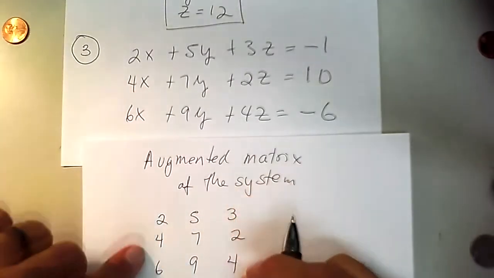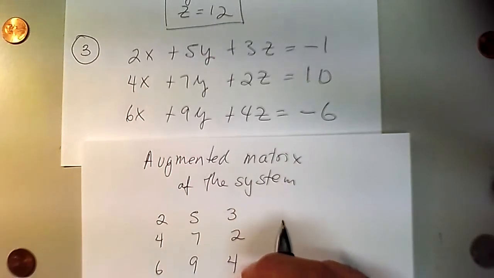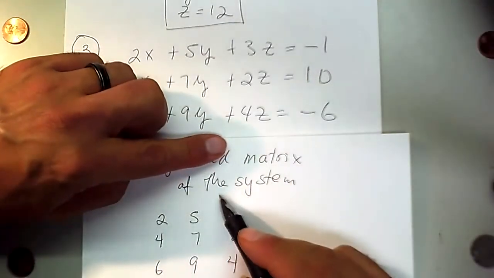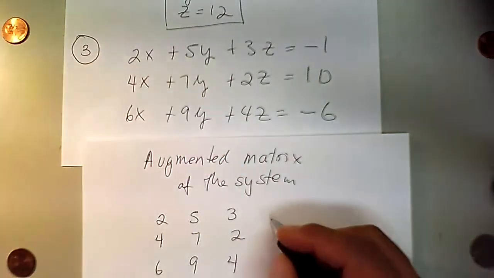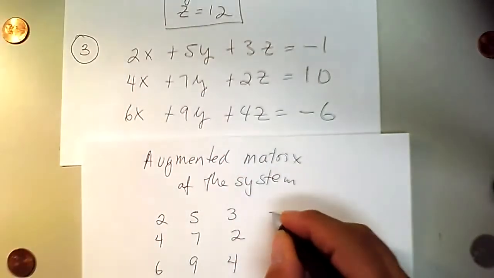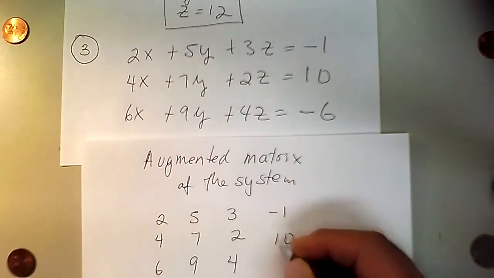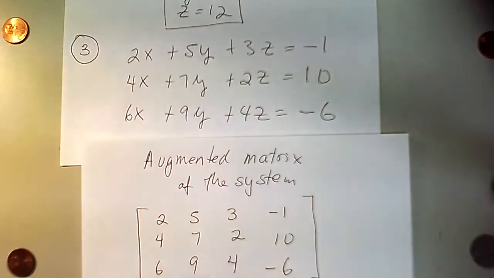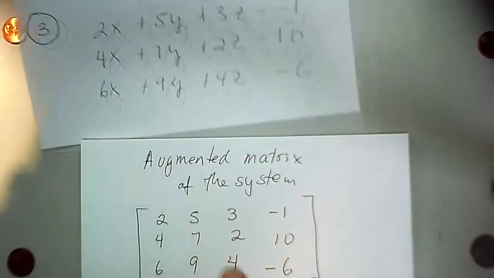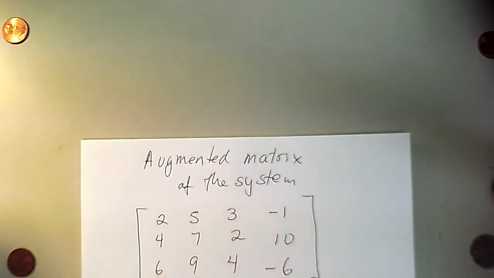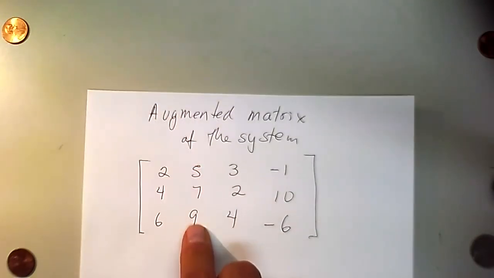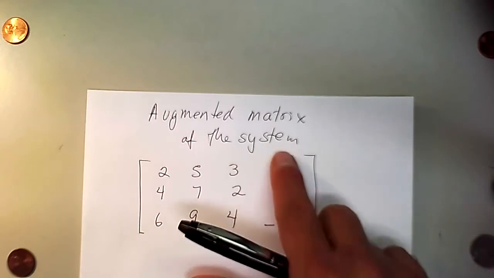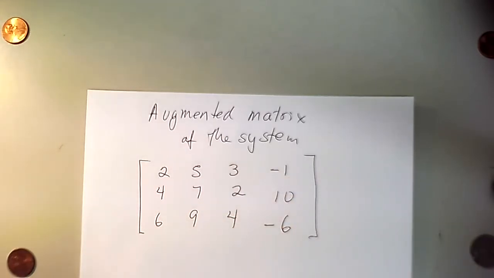So just this 3 by 3 matrix would be the matrix of the system. But the augmented matrix means we're going to have -1, 10, -6 as an extra column. So now we got to start working with this. We don't have to deal with x, y, and z. It is implicit that this is the column of the x's, column of the y's, column of the z's, column of the constants. And now we go ahead and start working this out.